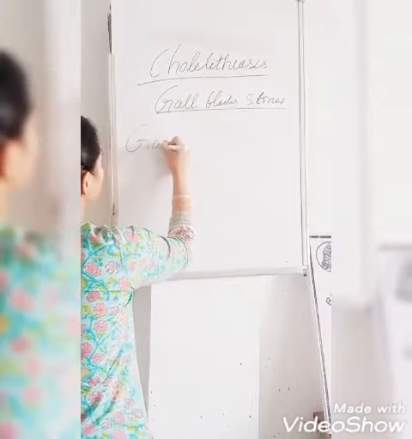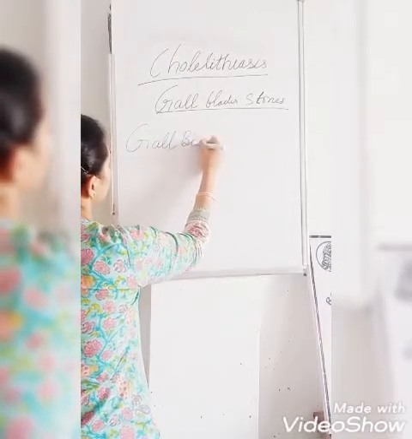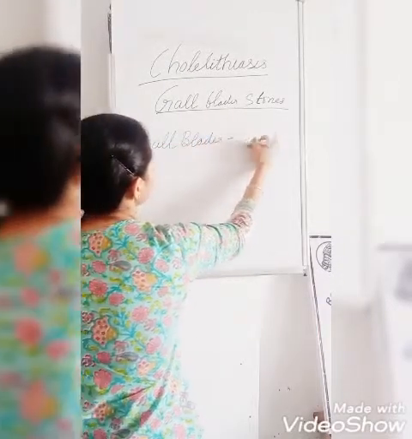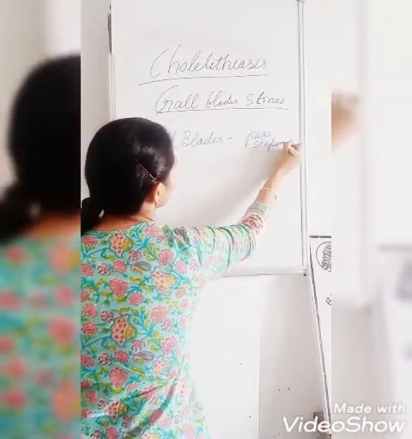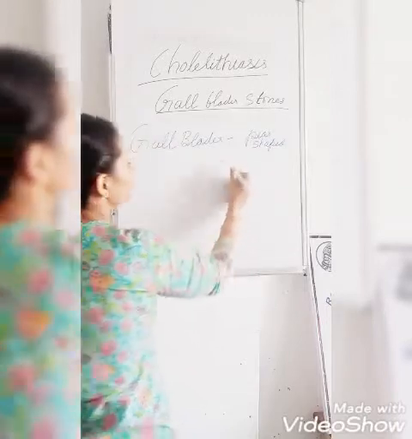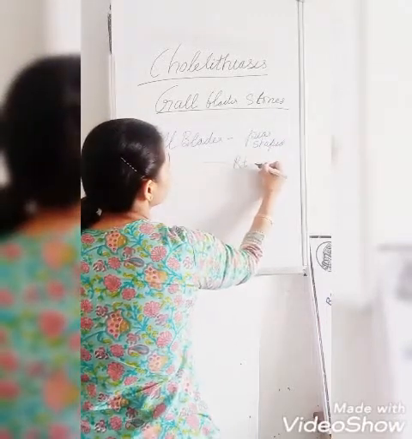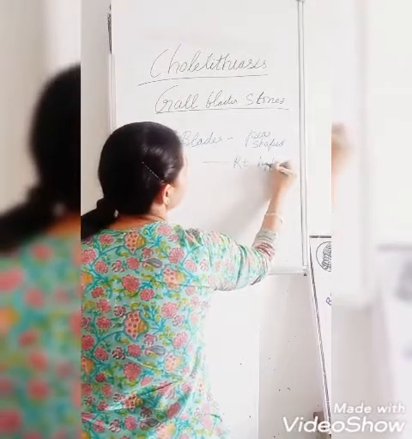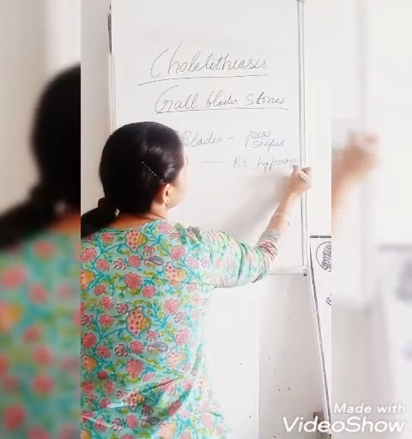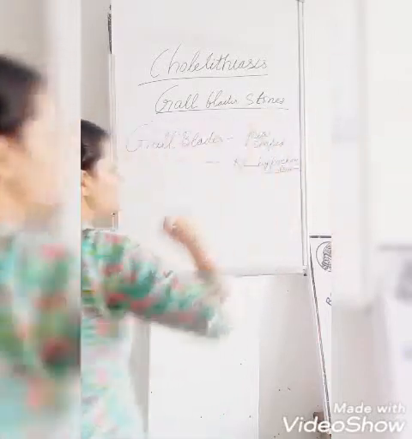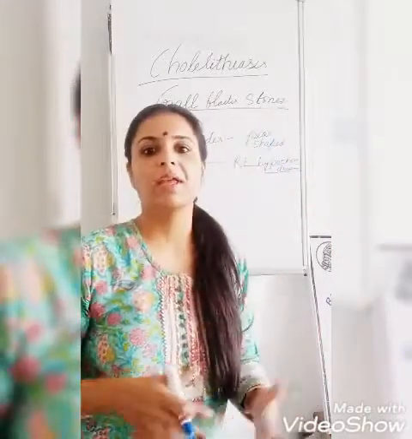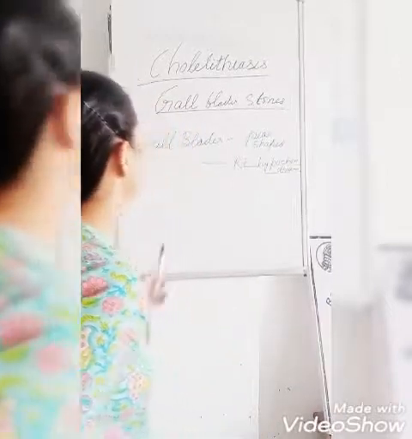So the gallbladder is a pear-shaped organ and lies beneath the liver in the right-sided hypochondrial region. The location is in the right hypochondrium of the abdomen, and it lies beneath the liver.